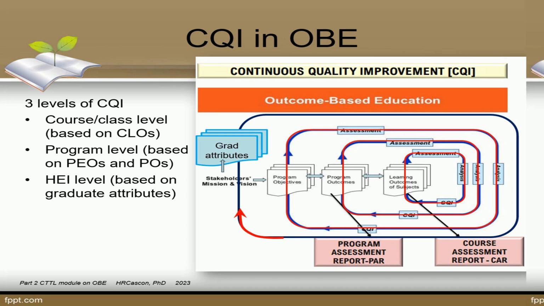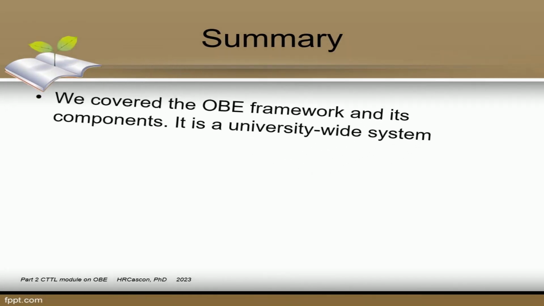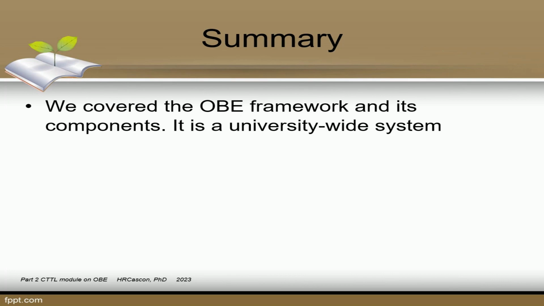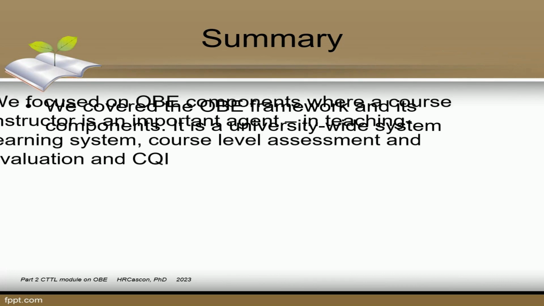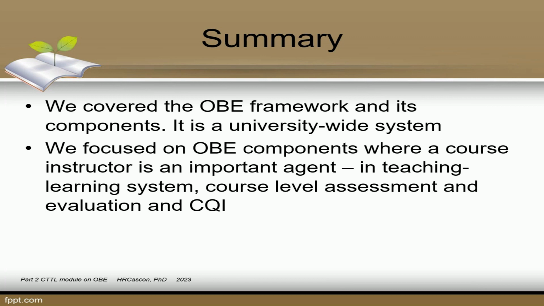We covered the OBE framework and its components. It is a university-wide system. We focused on OBE components, where a course instructor is an important agent in the teaching-learning system, course-level assessment and evaluation, and course-level CQI. Within the teaching-learning system, we focused on the OBE syllabus.